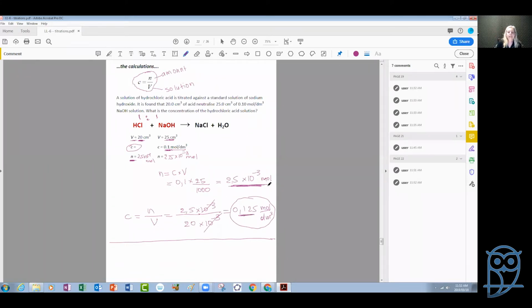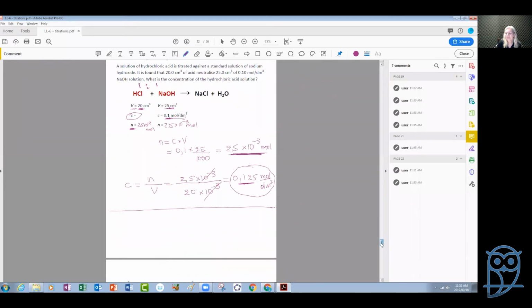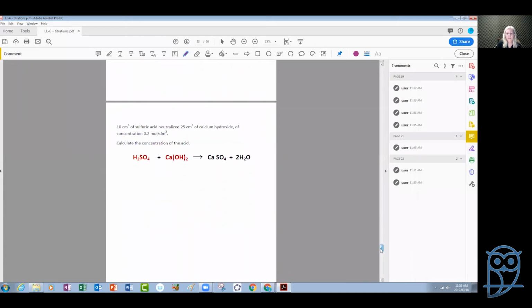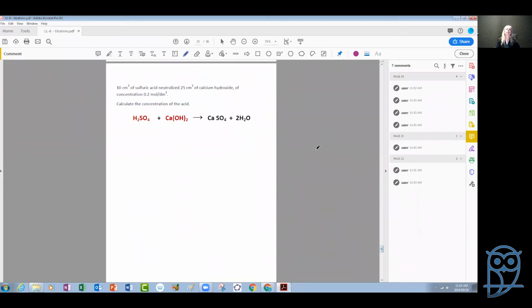So now let us see another example. All the examples are very similar. Here we are, another example. This time we have 10 cubic centimeters of sulfuric acid. So the volume of sulfuric acid is given, it is 10 cubic centimeters.